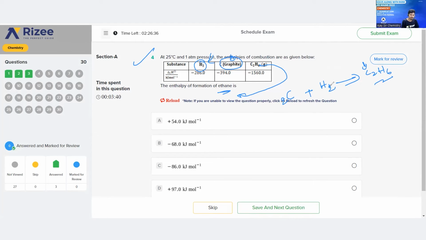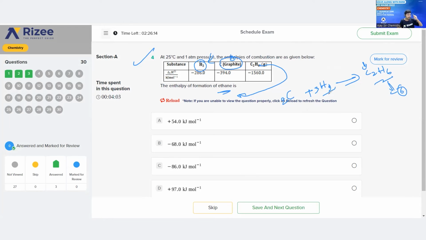Next, H2 is there. In the product, 6 hydrogens are there, but in the reactant side only 2 are there. So we just have to multiply with 3. So 3 into 2 is 6. Now the equation is completely balanced.